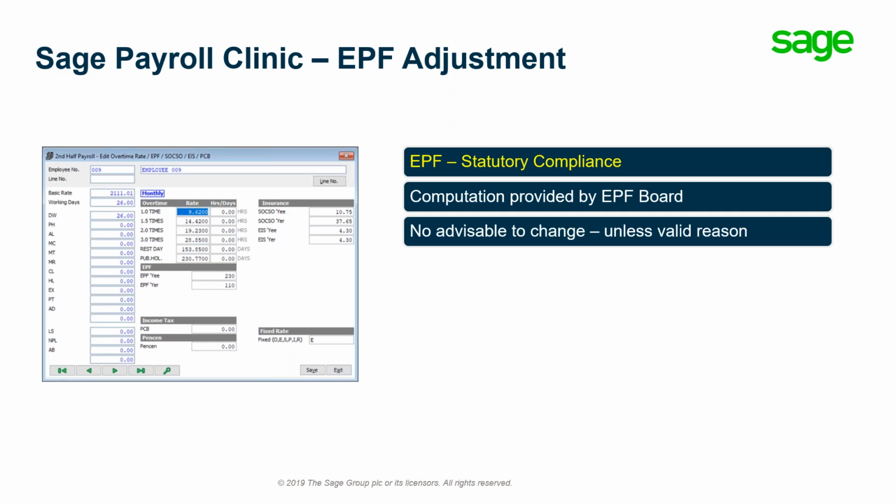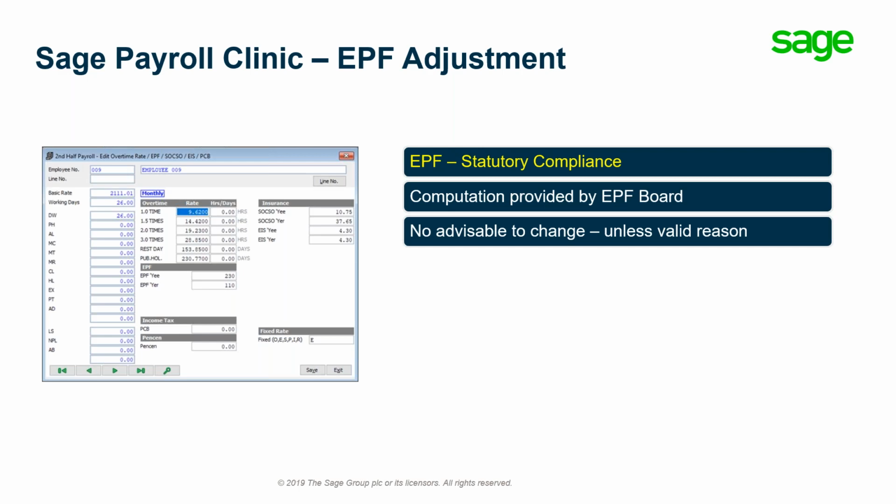So for our part, we have created Sage Payroll with the built-in formula given by the EPF board. So we don't advise anyone to change the computation unless there's a valid reason. We understand sometimes for some reason you want to change, so here is how you can change it in the system.